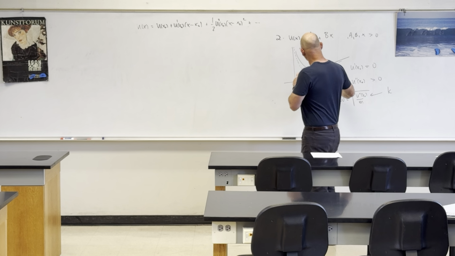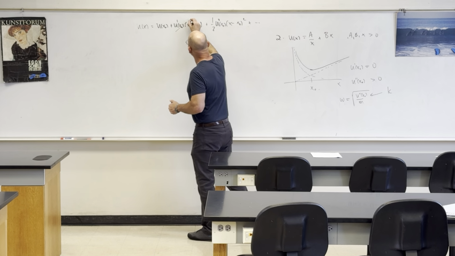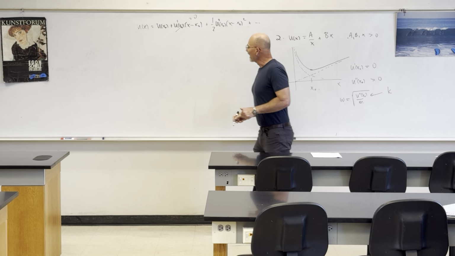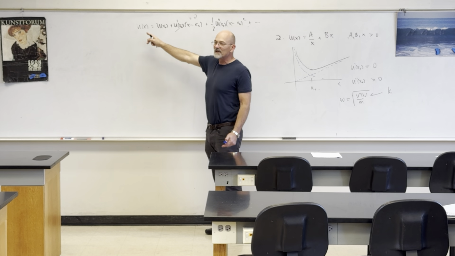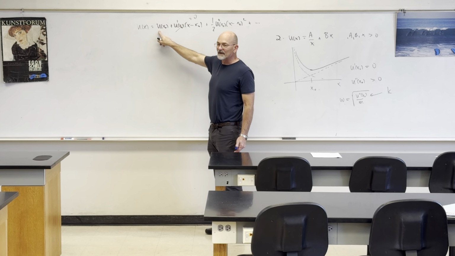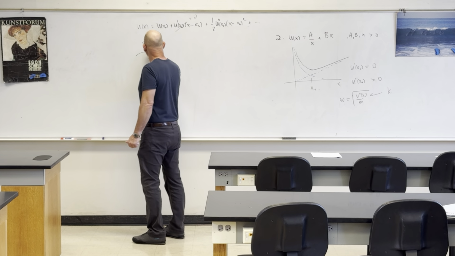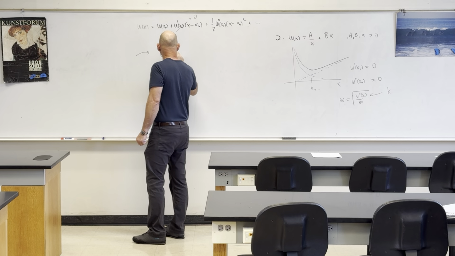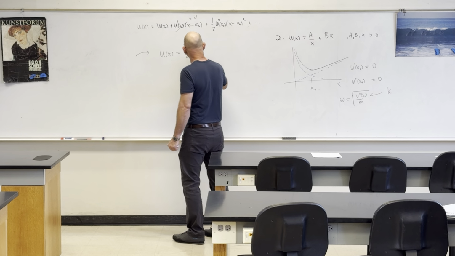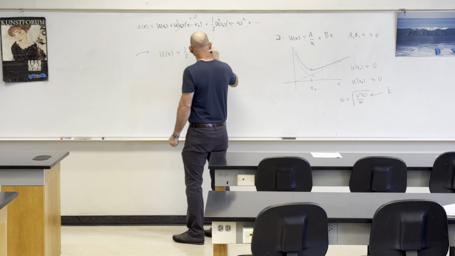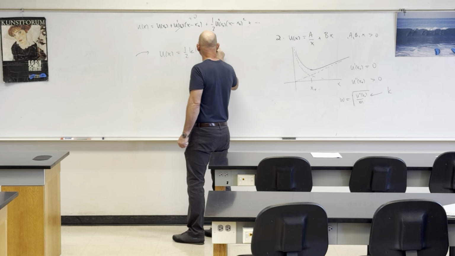And if you were at a local minimum, this was always 0. And if you're doing physics with a potential energy, a constant doesn't matter, right? You can add or subtract an arbitrary constant. And that's where we ended up with u of x equals 1/2 k, now we'll define it, x minus x naught squared.